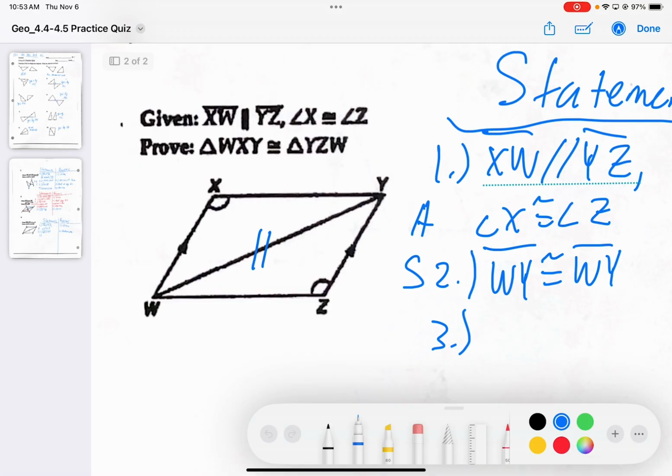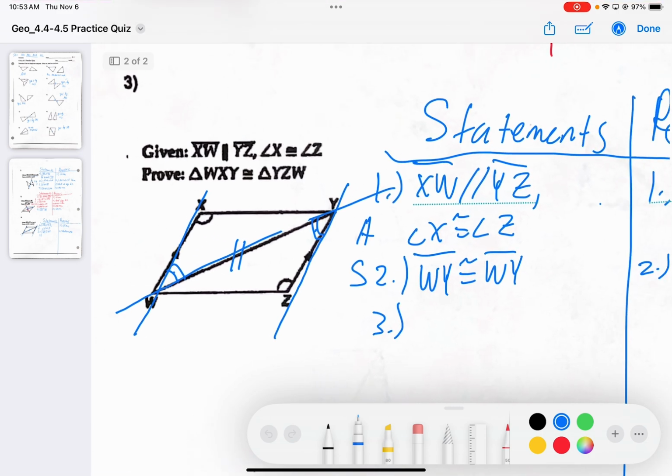They already told me X and Z, but this line is parallel to that line cut by this transversal. So my alternate interior angles would be here and there. No, not there, dummy. Underneath. So here and here. Okay, so we have to write what angles that would be.